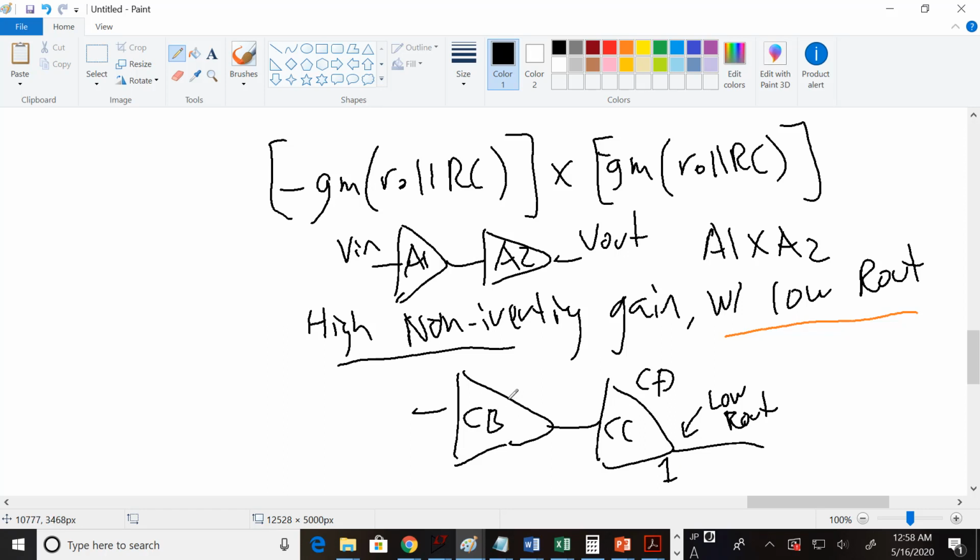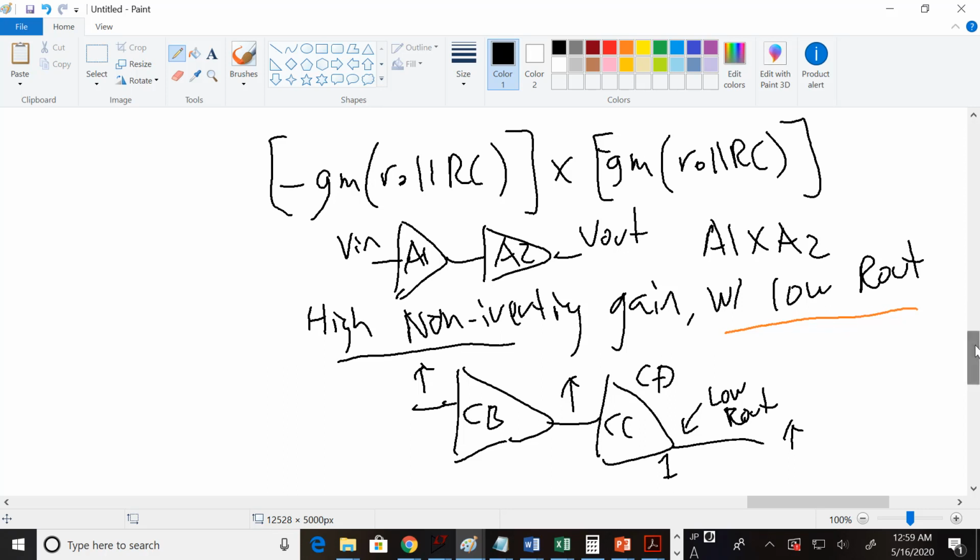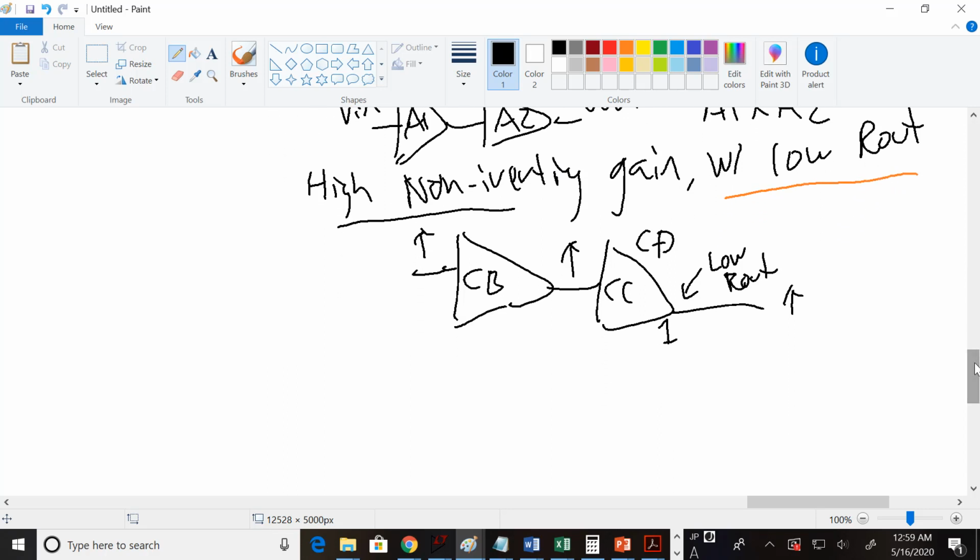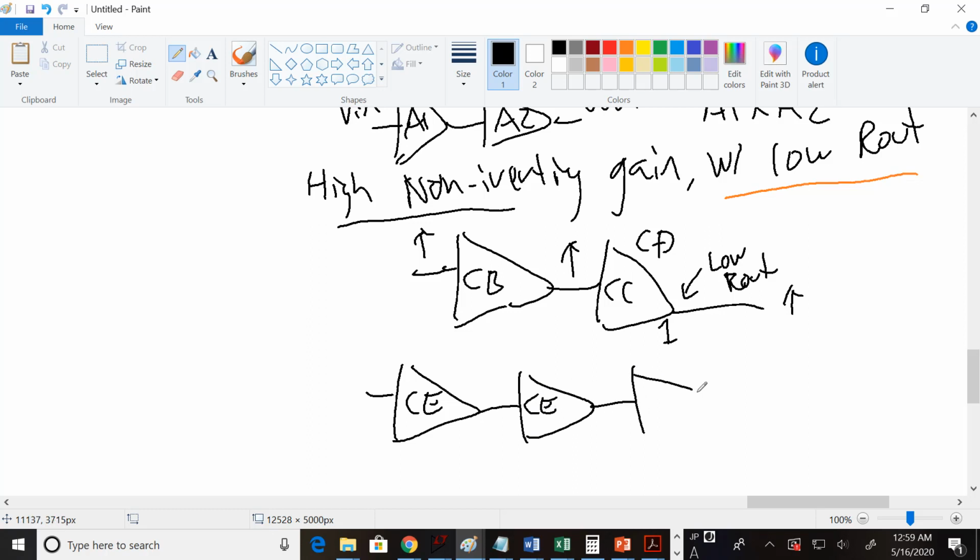And so now this is non-inverting. So your output, if this goes up, and this goes up, since none of these are inverting. And that's a perfectly valid solution. But you could also say, okay, well, if I invert twice, and then put it through a common collector.